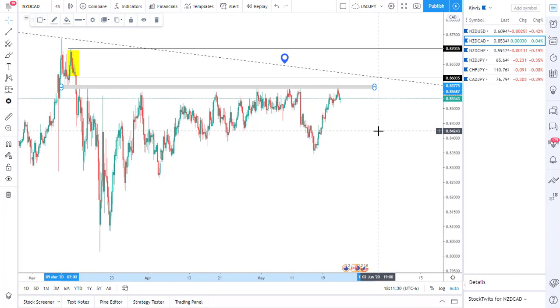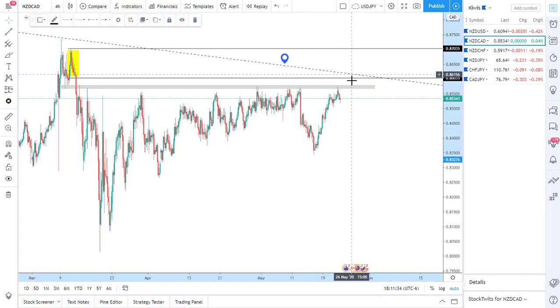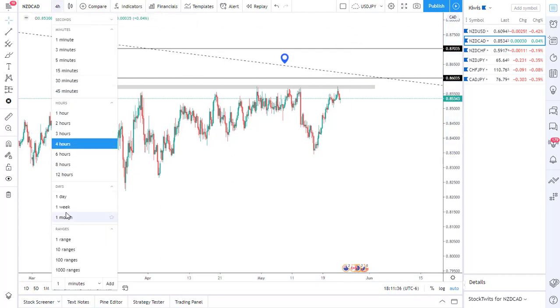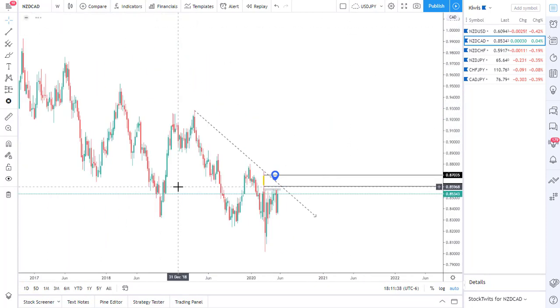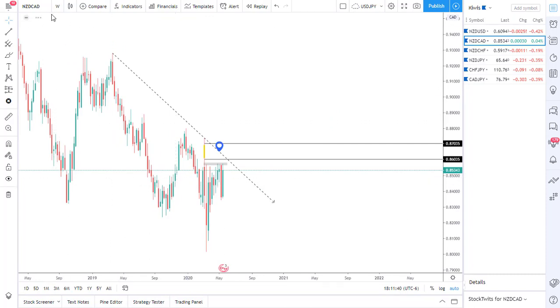We also have a trend line from the weekly chart, I guess. Let me see. Yes, that's right, the weekly chart. We have a trend line that is intact.